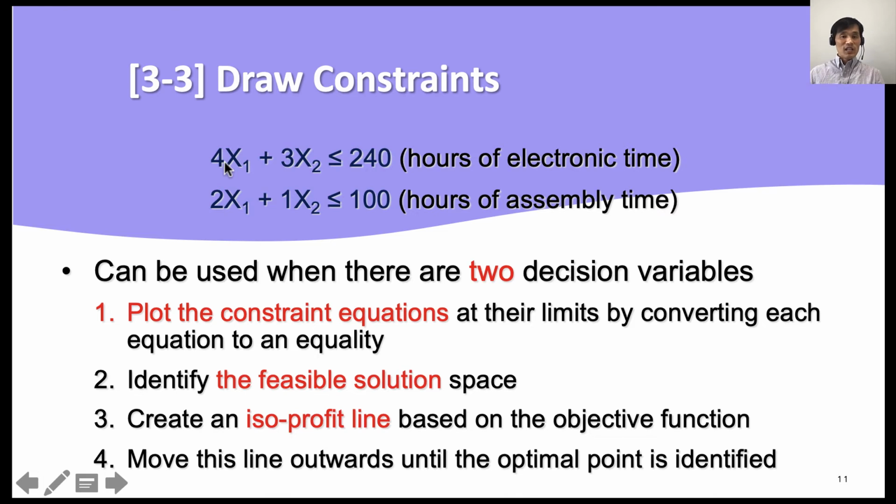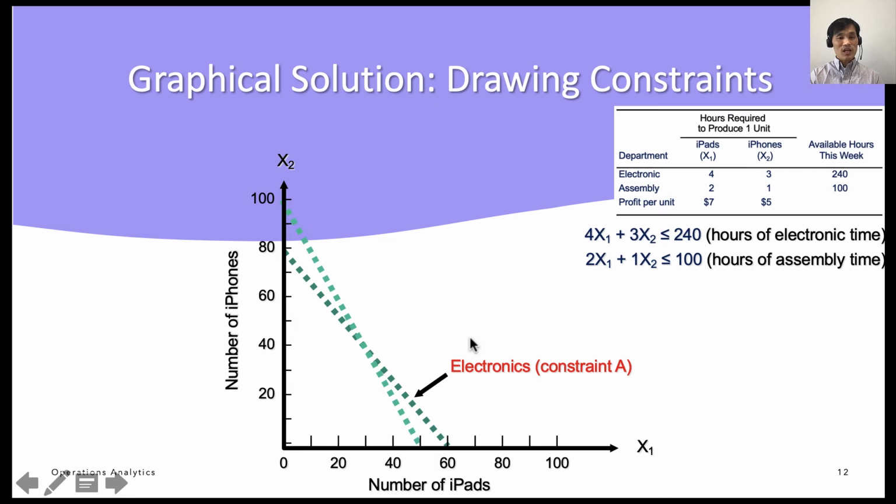And that's your line if you connect them together. In the same way, you do that for the second constraint. So set 0 for x1, solve for x2, then you get 100. And set 0 for x2 and solve for x1, then x1 is 50. And then you can just connect the dots like that.